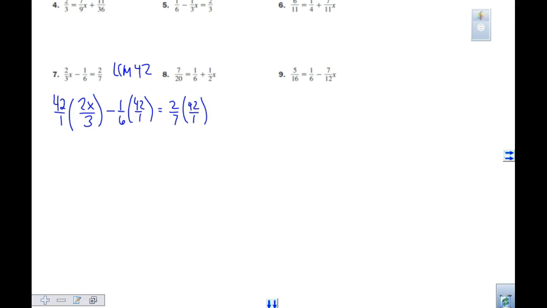So we're going to start simplifying. 3 goes into 42 how many times? 14.